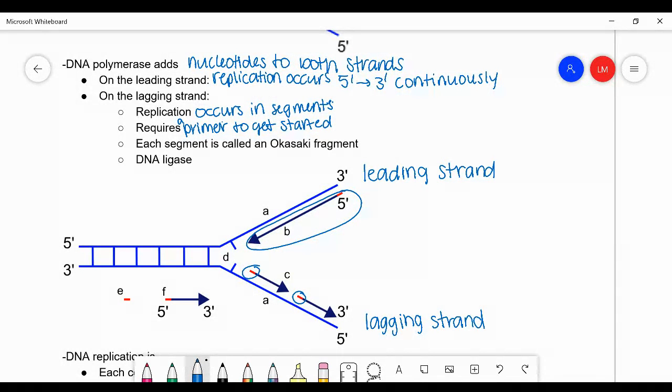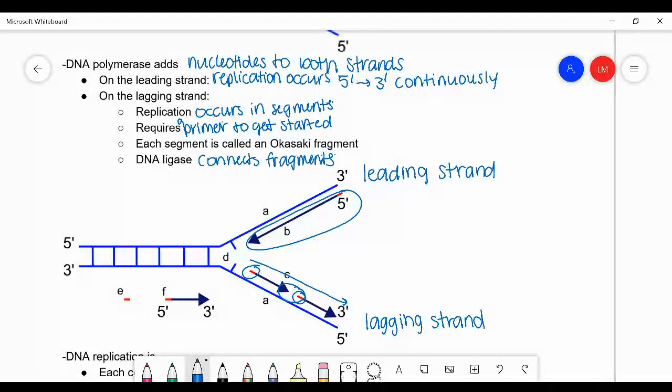And then finally, DNA ligase connects the fragments. So eventually, this piece down here is going to be one continuous piece, but only after ligase makes a connection here.